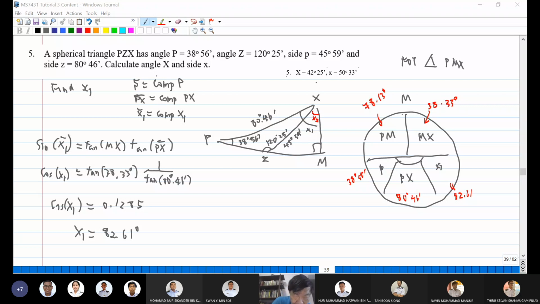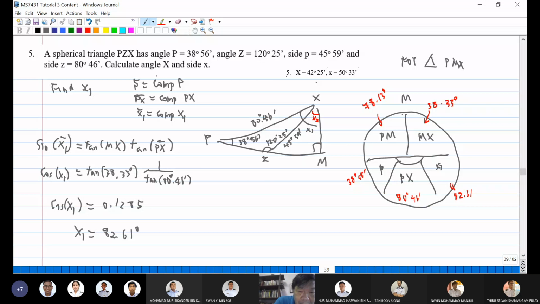Okay, next one. Okay, so I finished the big triangle. Now I move on to the small triangle. Okay, the small triangle MZX now.